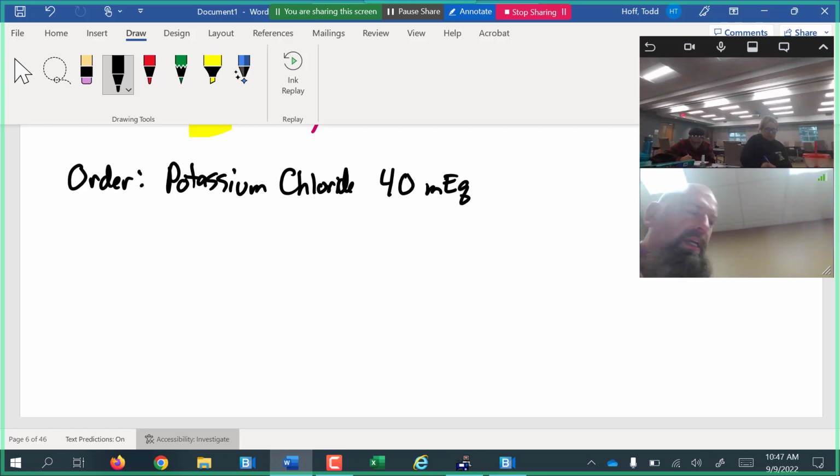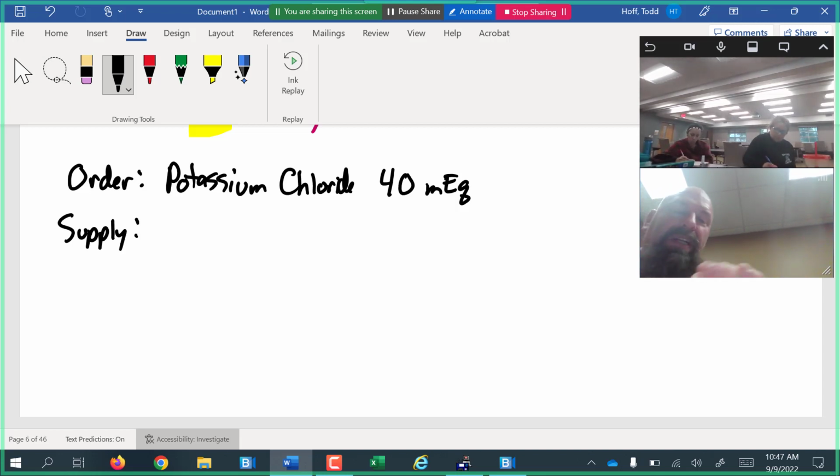MEQ stands for milliequivalents. How big's a milliequivalent? I don't know, but it doesn't matter because with dimensional analysis, we can work it out without having to know exactly what that unit is.